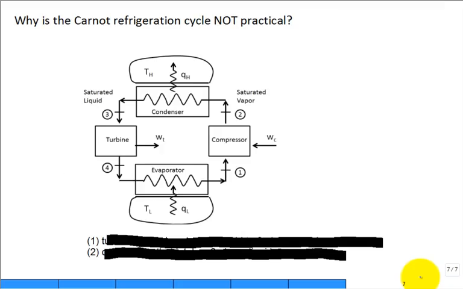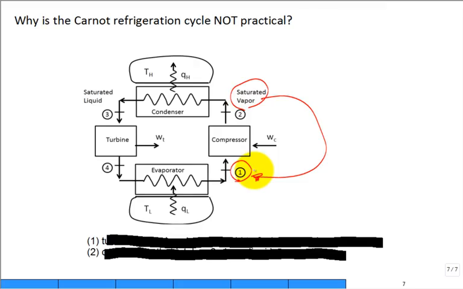Why is the Carnot refrigeration cycle not practical? Because of this component. What's up with that compressor? We have a two-phase liquid mixture coming in. So what we do is we shift it, and coming out of the evaporator, it's saturated vapor.